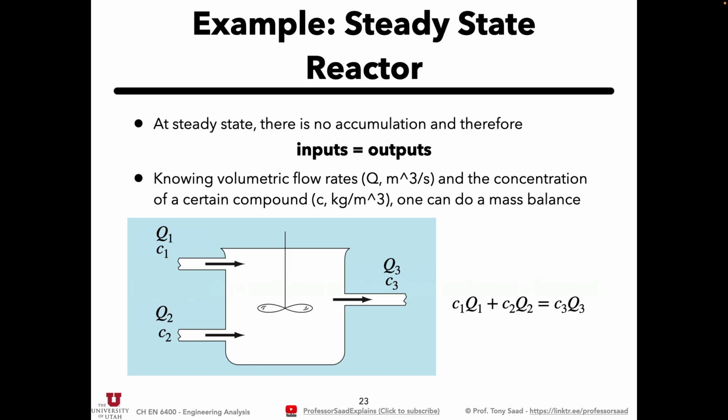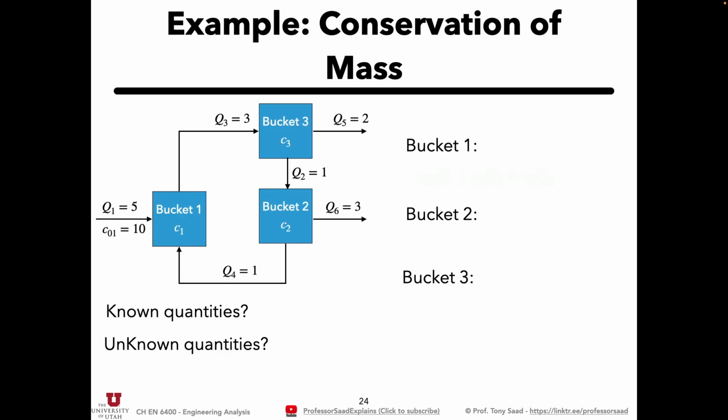All right, so let's do a practical example so we can start working with an actual system. This is a slightly more complex example coming from separations. I have an initial stream coming in here at 5 cubic meters per second with an initial concentration of 10 kilograms per cubic meter of some compound.